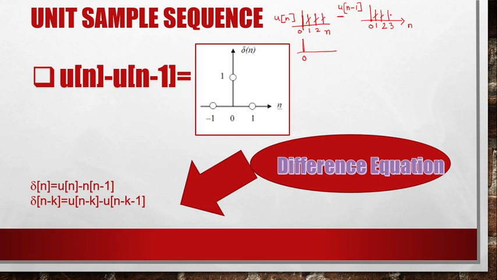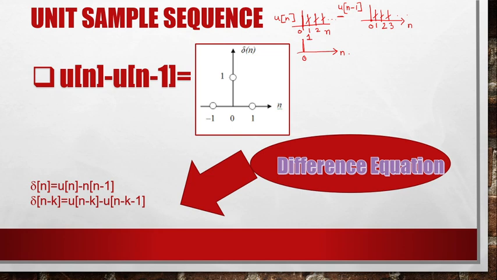This and this also cancel out. So each and every one will cancel out. Only this function remains if I subtract the unit delayed step sequence from the unit step sequence. So I am getting a unit value of the signal at 0 only.